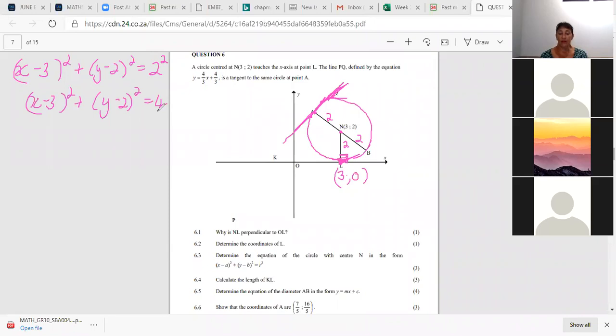And then it says calculate the length of KL. K, where is K supposed to be? K is just in the middle of nowhere.